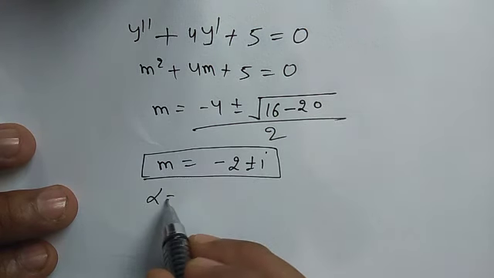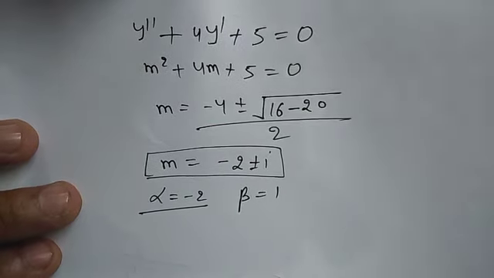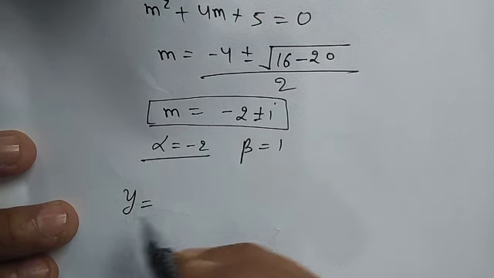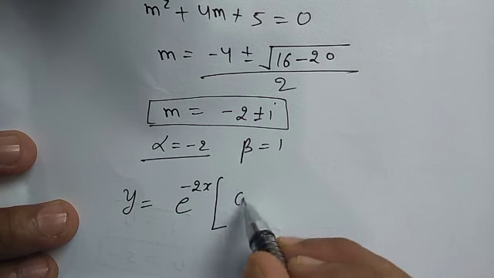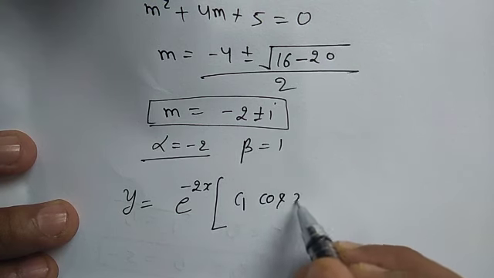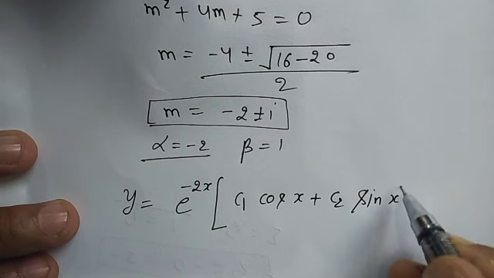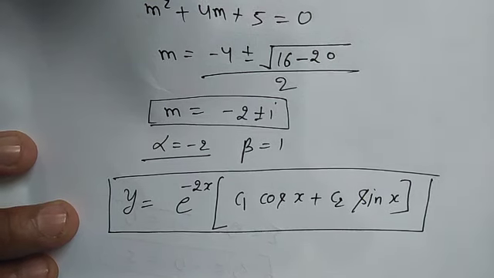So here alpha equal to minus 2 and beta equal to 1. So your solution will be y equal to e power alpha x times (c1 cos beta x plus c2 sin beta x), with beta equal to 1. So this is the solution.